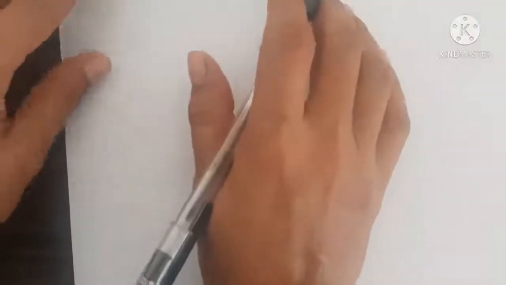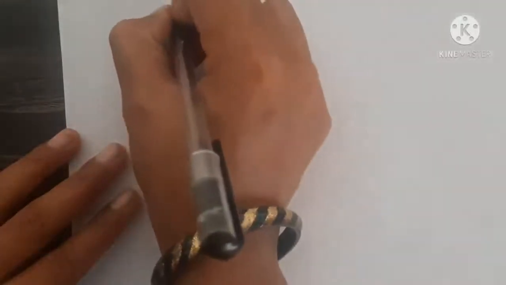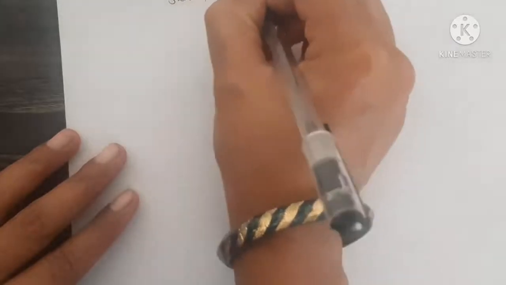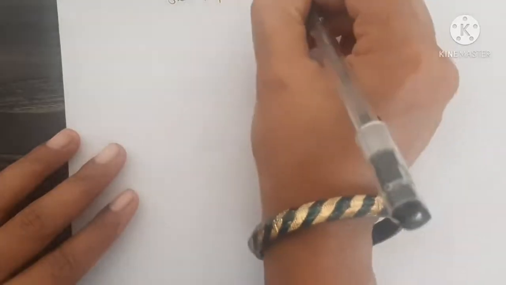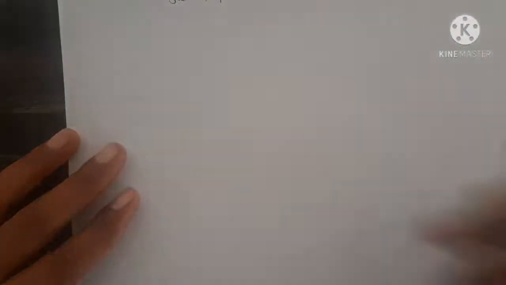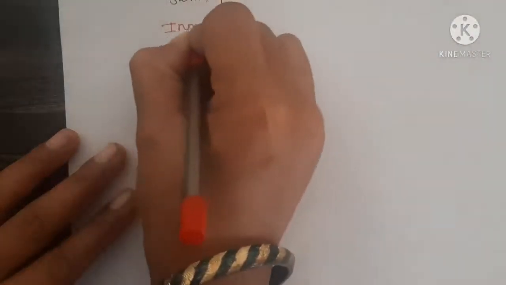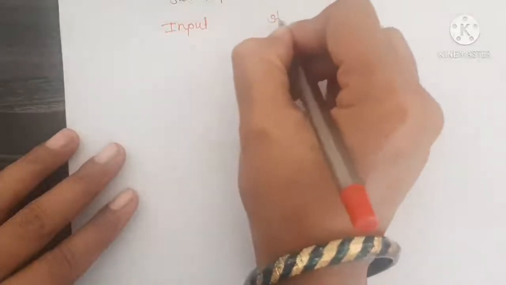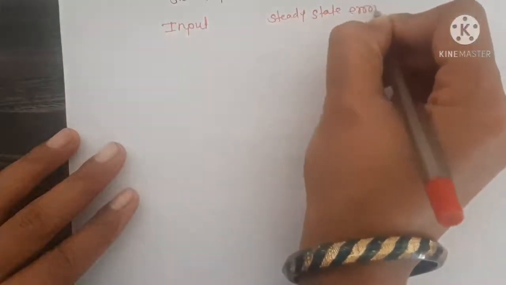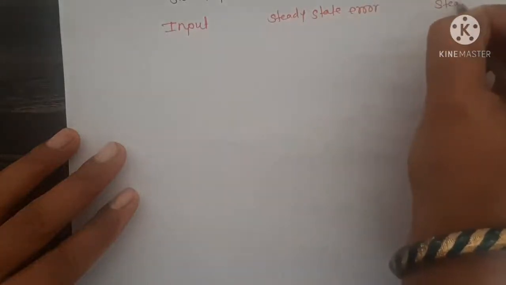We can give the name to that, like summary of steady state error. It depends on input, and inputs are 3 types. Then equation for steady state error and steady state error constant.